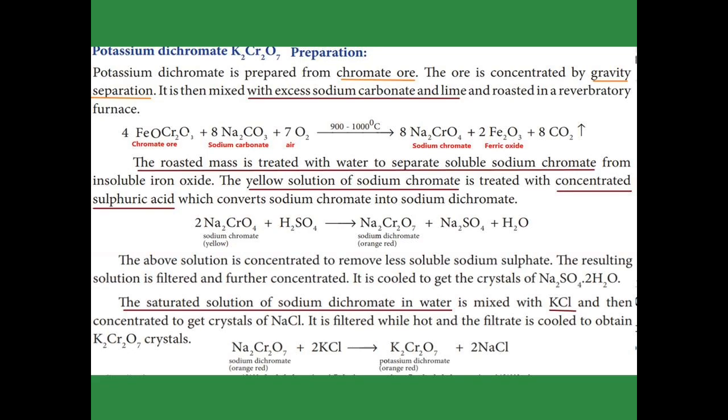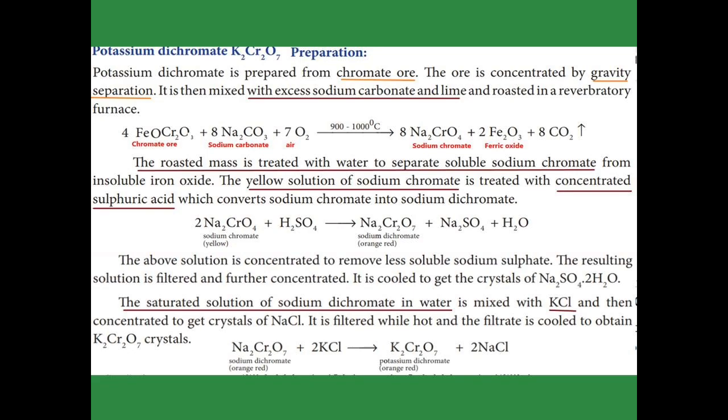Then it is treated with sulfuric acid. The sodium chromate is changed into sodium dichromate, Na2Cr2O7, and the sodium chromate reacting with sulfuric acid gives sodium sulfate as one of the products along with water. Now the solution is again concentrated to remove the less soluble sodium sulfate.